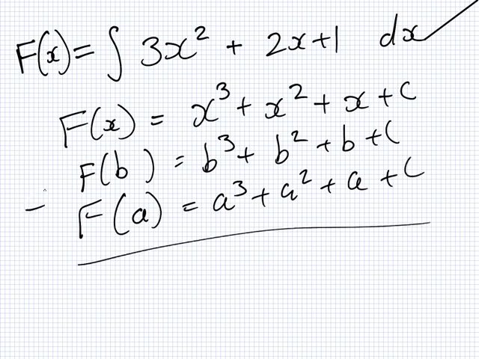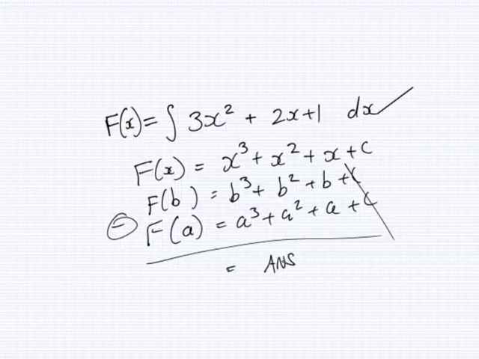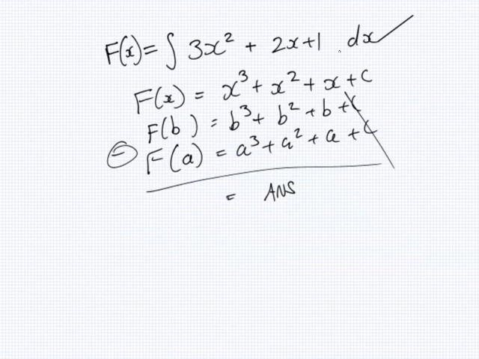If I minus these two values, the c's cancel, and I can get an answer using a and b, the numbers that I have. We can get rid of the c if we look at the value between two different places.